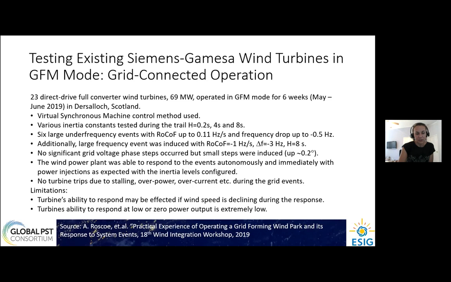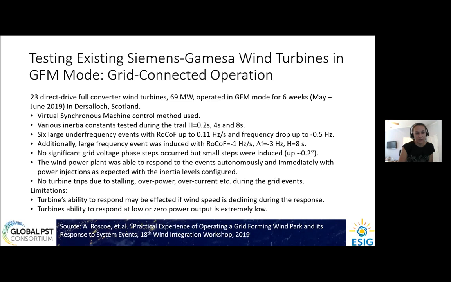There were no significant grid voltage phase jumps during the test, and the largest one was 0.2 degrees. They didn't experience any wind turbine trips, overpower, or overcurrent trips during grid events.